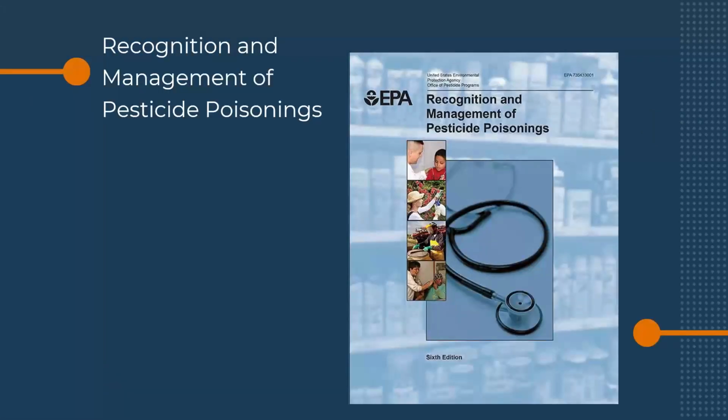We're coming to the end. This is essentially the most fantastic detailed resource available, the 6th edition of this book, which is called The Recognition and Management of Pesticide Poisoning, that's got very specific treatment recommendations and is essentially the pesticide poisoning Bible, so to speak.